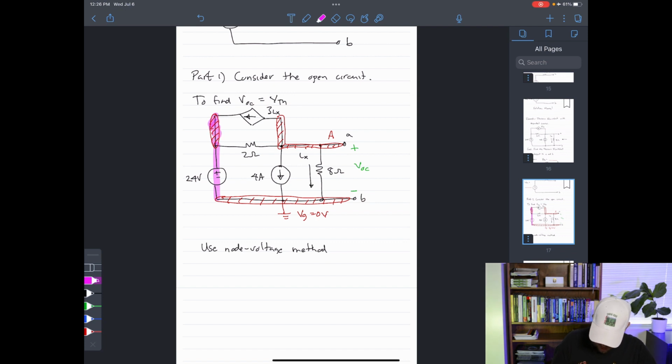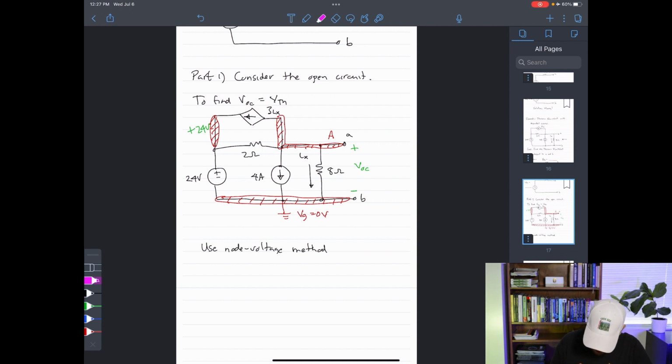That means that this node up here that I did not name does not have its own node voltage associated with it. This node voltage up here is actually fixed. When I go from the ground node up to that node in question, I go through a voltage rise of 24 volts. So this is not independent, this is 24 volts.